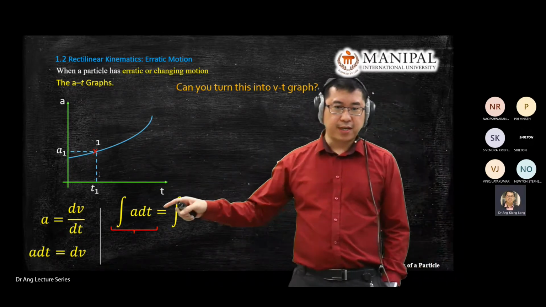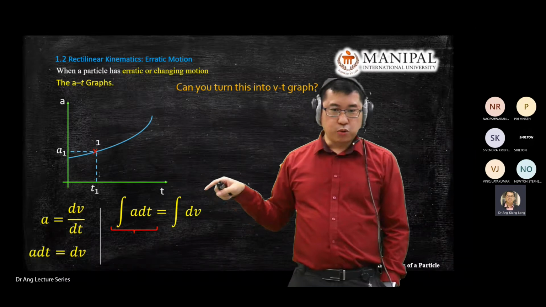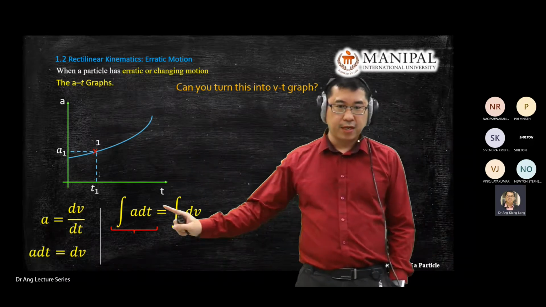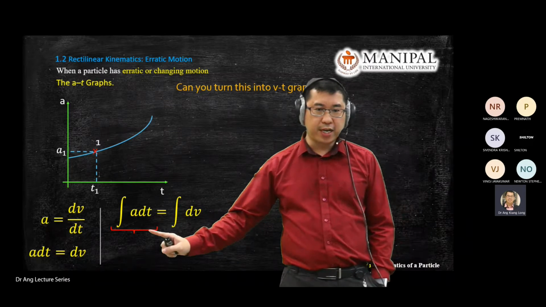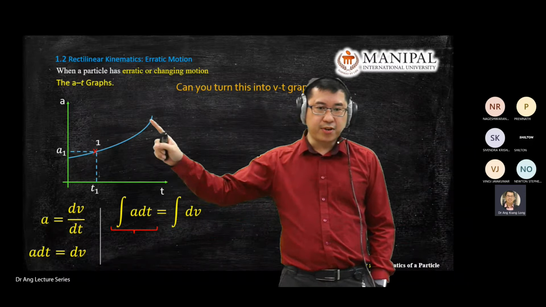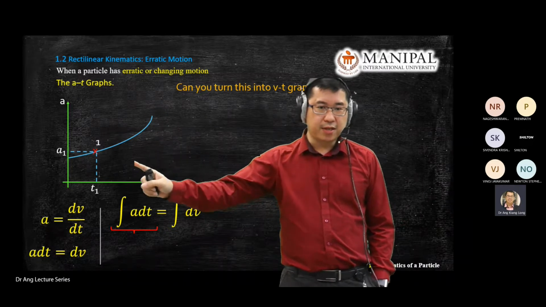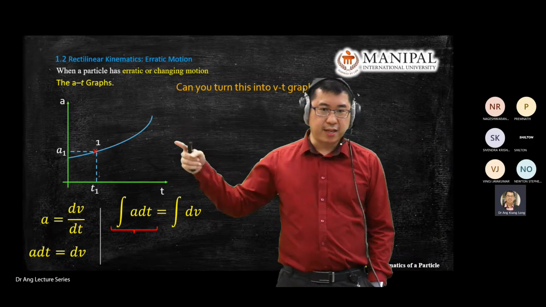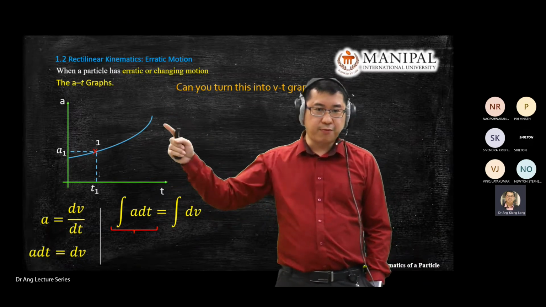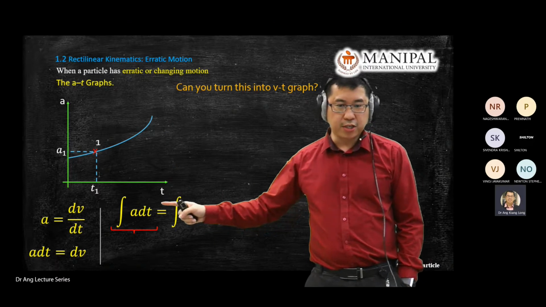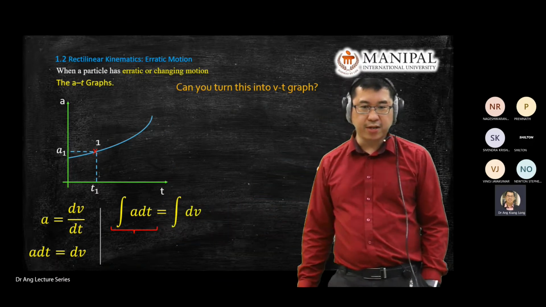Again, I repeat. How do you link this integration equation with the graph? If you are saying integrate a dt, it means area under the curve. If you're using an A versus T graph with the curve, you are using an integration equation. It means this one is the area under the graph.